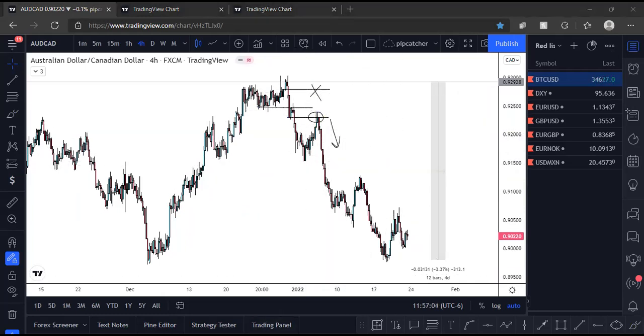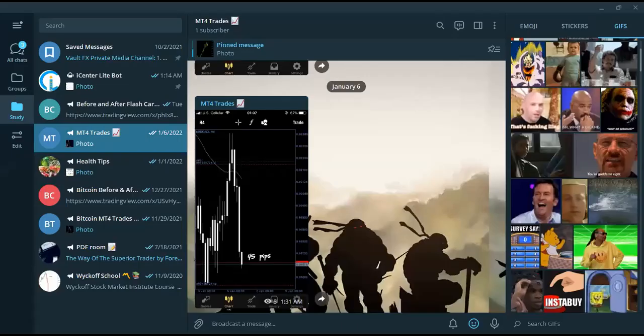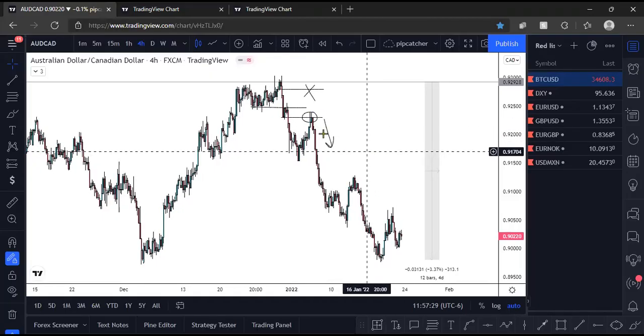And just to show right quick, this was that trade setup right here on AUD CAD on that structure right there. So we go back here, and that's where I sold at right here.